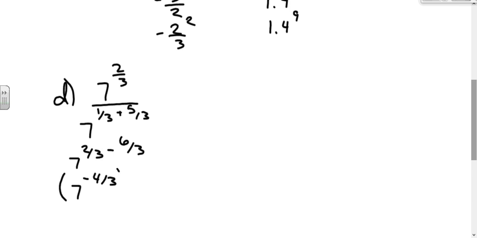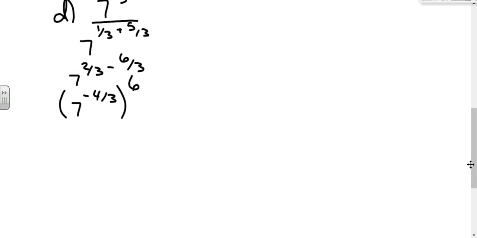And then this is still all to the 6, which gives us 7 to the negative 24 over 3, which simplifies to 7 to the negative 8, which needs to simplify to 1 over 7 to the power of 8. Remember, get rid of those negative exponents.